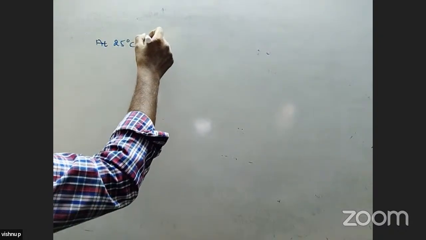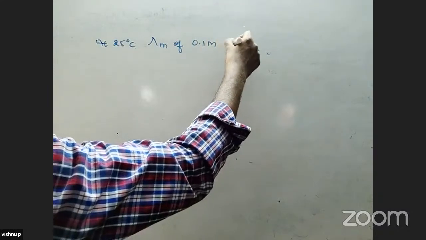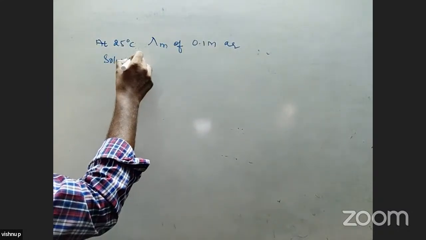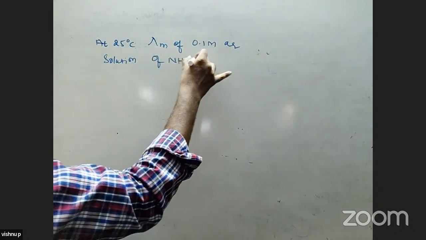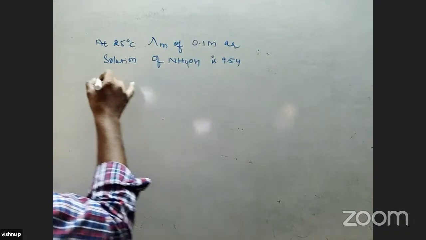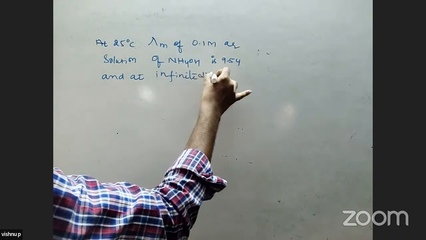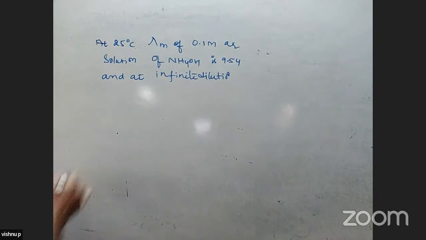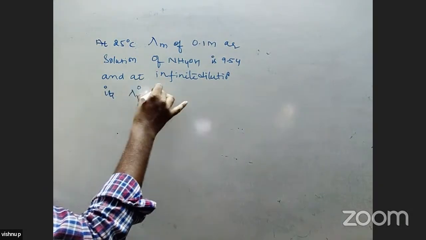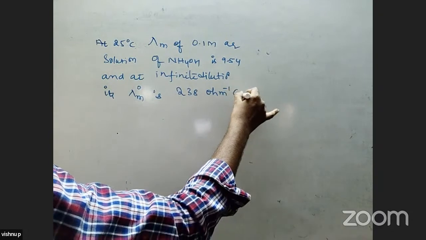Next question. At 25 degrees Celsius, molar conductance of 0.1 molarity aqueous solution of ammonium hydroxide is 9.54, and at infinite dilution its molar conductance is 238 ohm inverse centimeter square per mole.